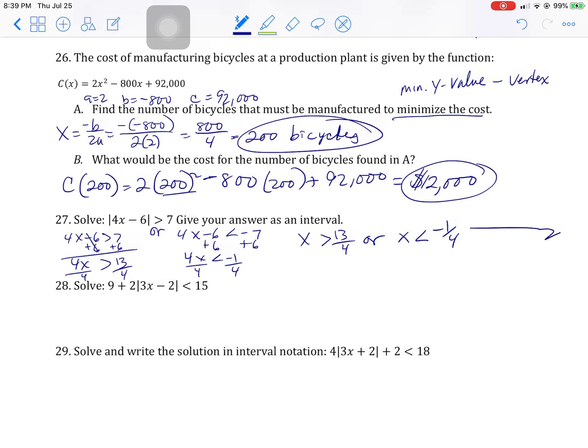So think about that. Negative 1/4 is down here. 13/4 is up here. So greater than 13/4, and less than negative 1/4 goes down that way. And it's an or.